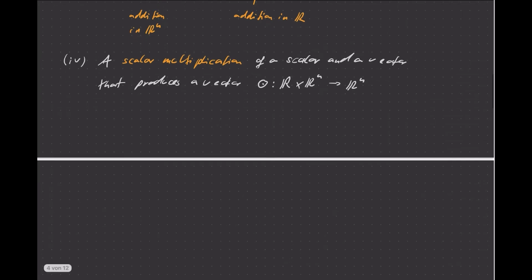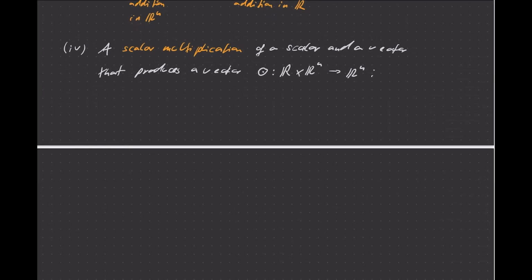And that multiplication is defined as lambda. So lambda is our scalar here. We usually use small Greek letters for scalars, if we want to emphasize the difference between scalars and vectors. So lambda times a1 to an. So this here is our scalar multiplication.